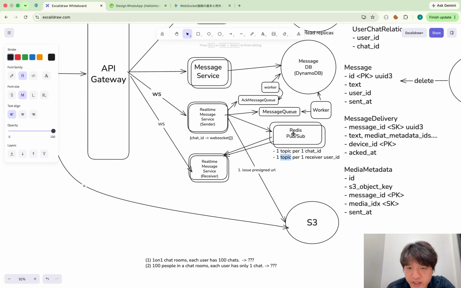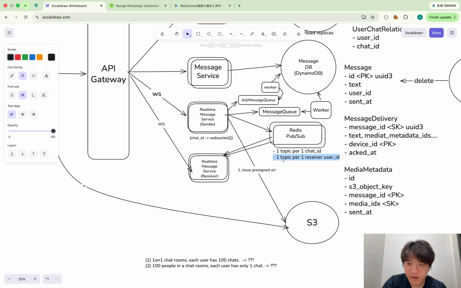And this Redis Pub/Sub sends the message to the server whose concern is that user, which means that, let's say, the receiver is on specific server B. Server B is subscribing to this topic, so this topic sends the message to server B. So in this case, the real-time message service sender sends to one specific topic, and the message in that topic is published to one specific server.